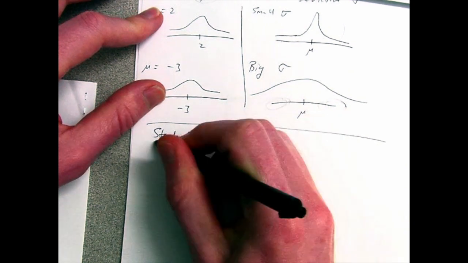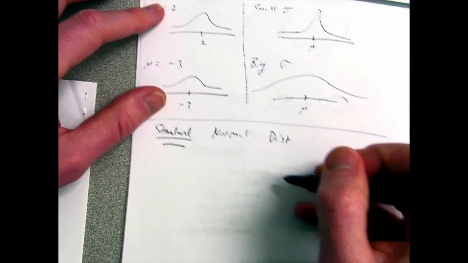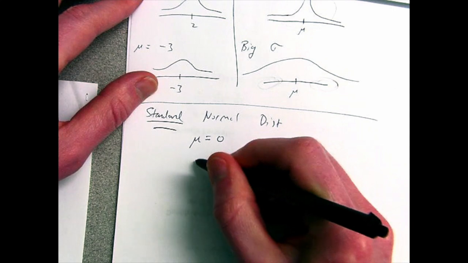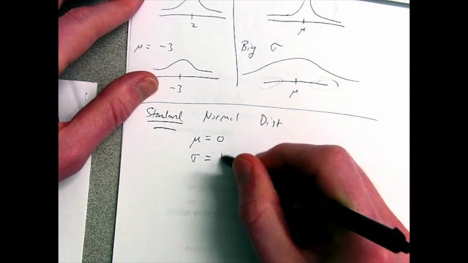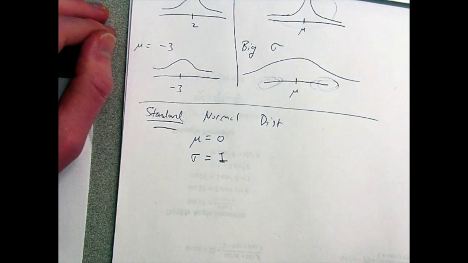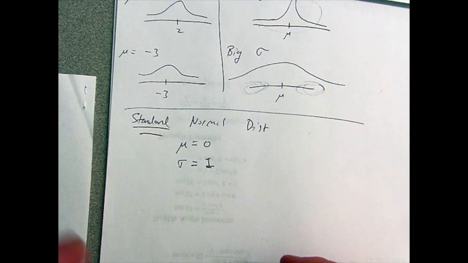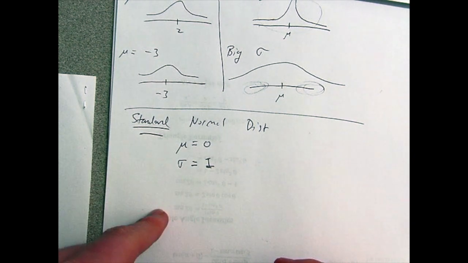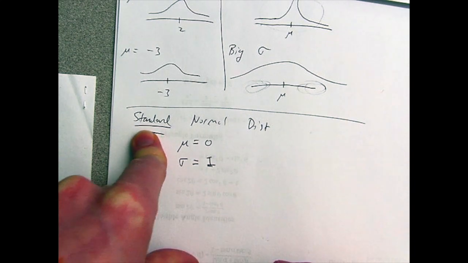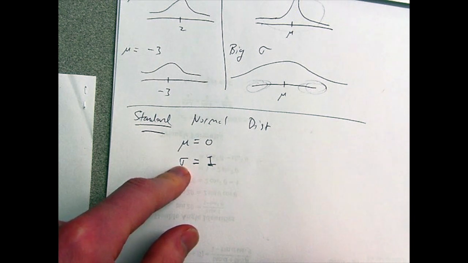The standard normal distribution is just the normal distribution with mean 0 and standard deviation 1. So there are many normal distributions, one for every choice of mu and sigma, but the one we single out and give a special name is the standard normal distribution, corresponding to mu equal to 0 and sigma equal to 1.